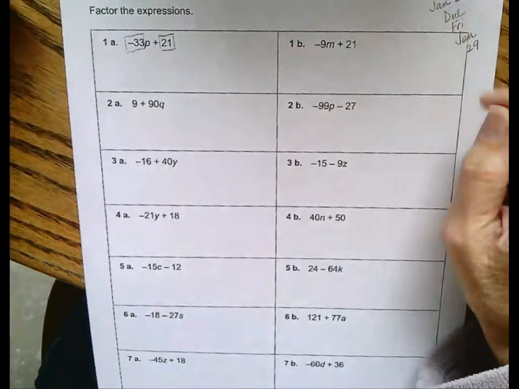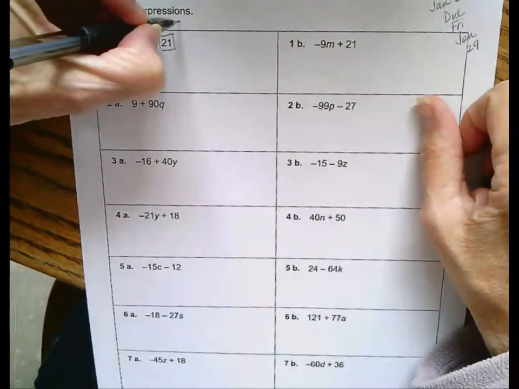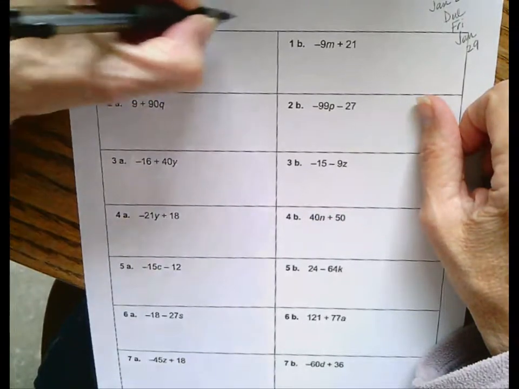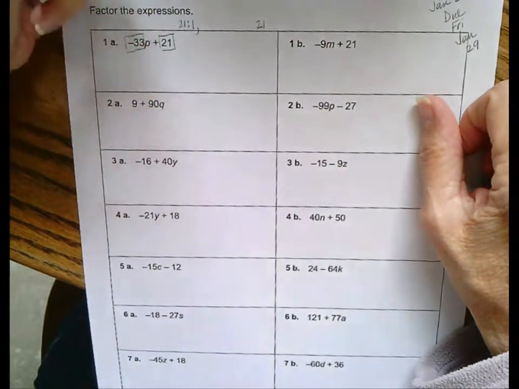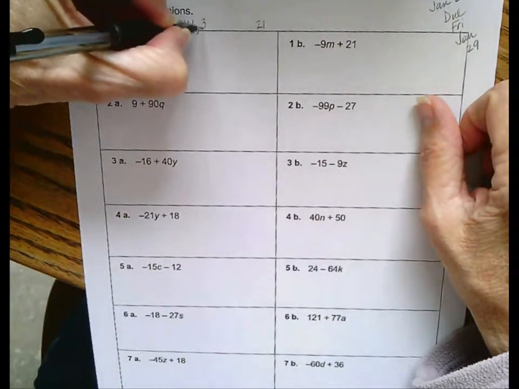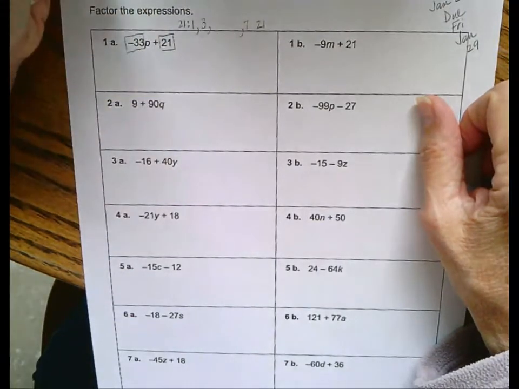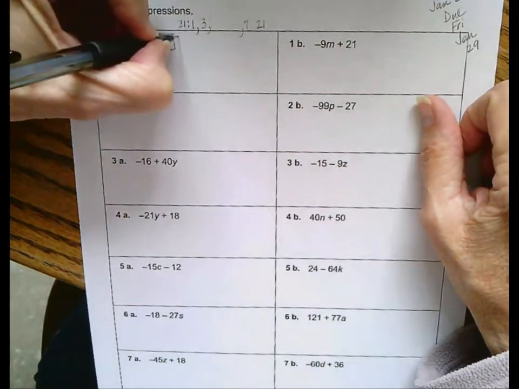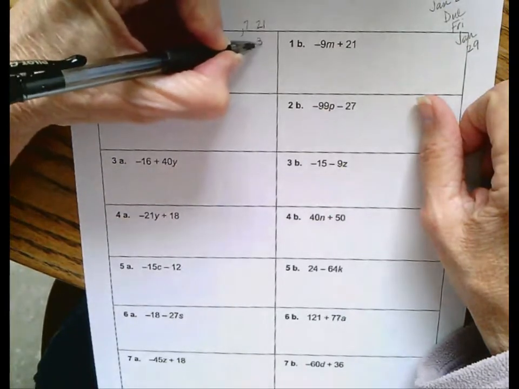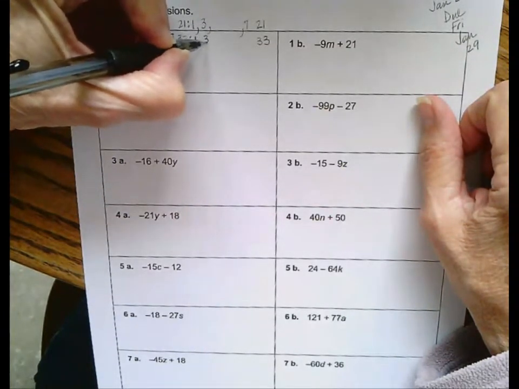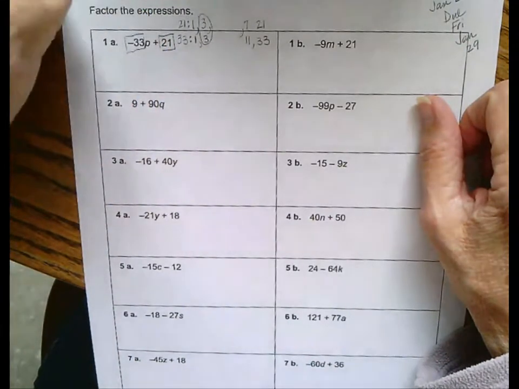And one of the things you can do is list the common factors for both numbers, as we did in class. 1 times 21 is 21. 2 is not a factor of 21. 3 is a factor of 21. 3 times 7. And that is all the factors. For 33, you have 1 and 33. You have 3 and 11. So the greatest common factor here is 3.